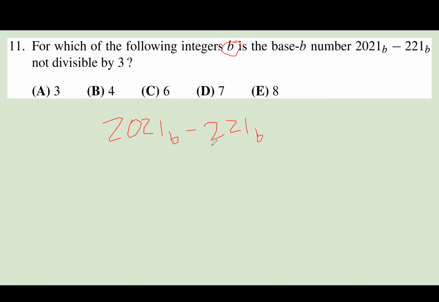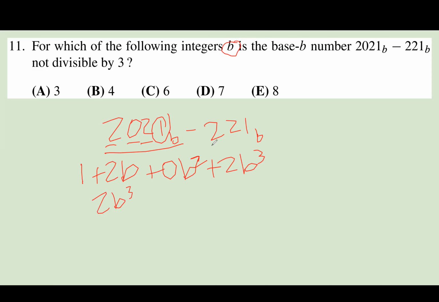We would do that by saying that's 1 times b to the 0, which is just 1, plus 2 times b plus 0 times b squared plus 2 times b cubed. That's the first number in base 10, so it's basically 2b cubed plus 2b plus 1.